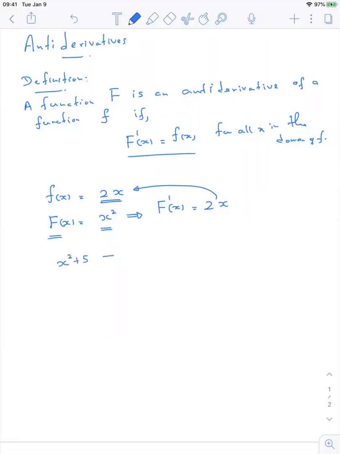If you differentiate this one, you will still get 2x, because the plus 5 is a constant. The differentiation of a constant is equal to 0. So you will still get the answer 2x, which means if you add any constant c to this function and differentiate it, you will still get the answer 2x.